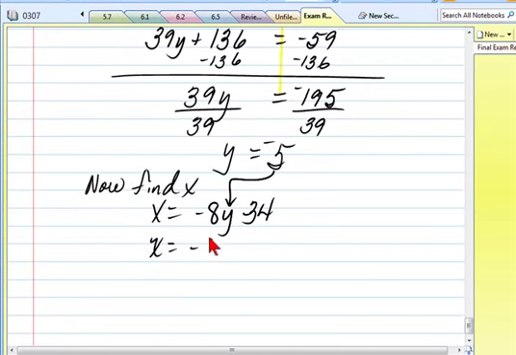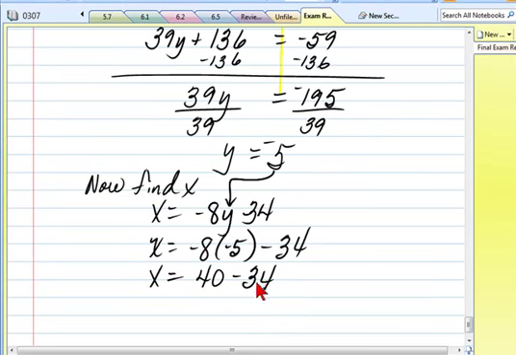X is equal to negative 8 times negative 5 minus 34. X is equal to positive 40 minus 34. X is equal to 6. My answer is 6 comma negative 5 as an ordered pair. So we have solved that system.